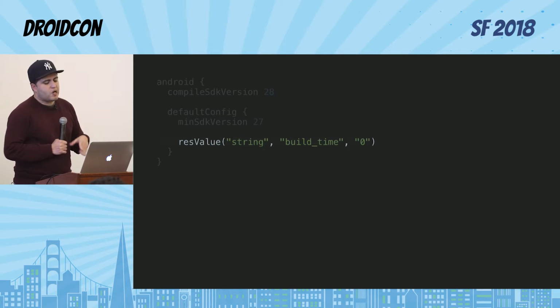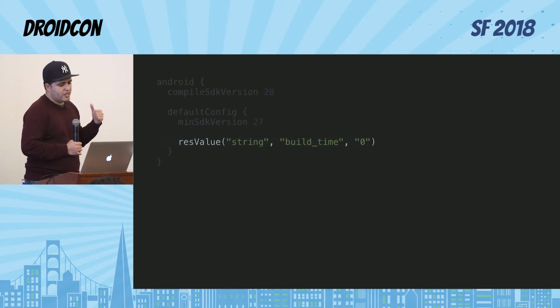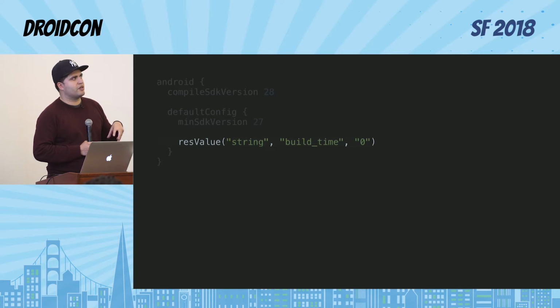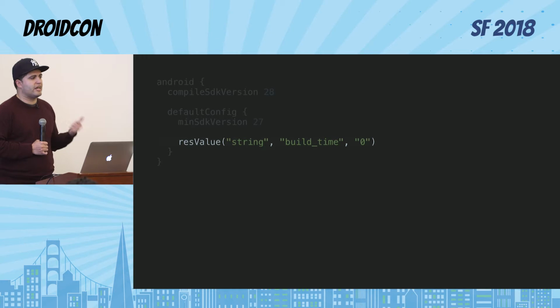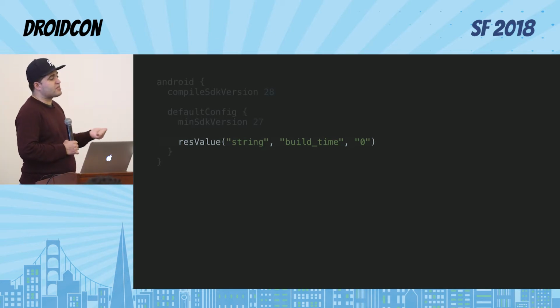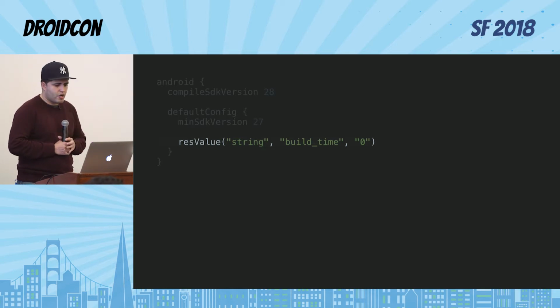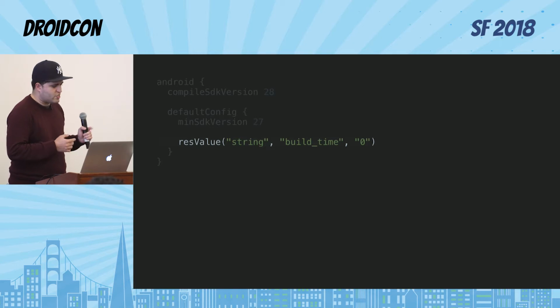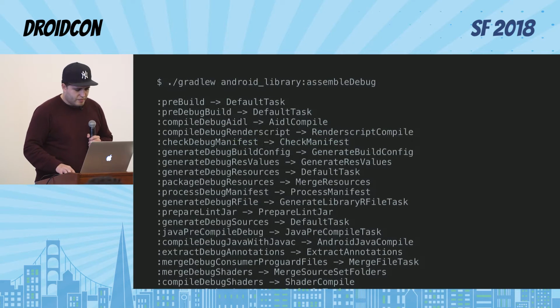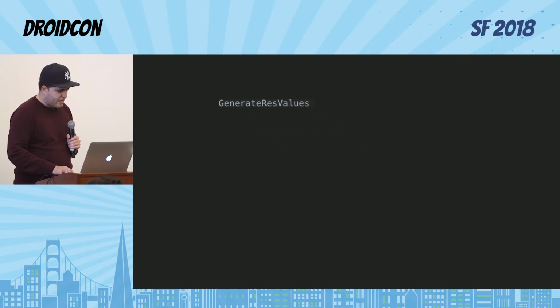Note you should exercise caution if you're going to use this in prod builds, because if you don't use static values, this could prevent Gradle from being able to determine that something's up to date, and so you're going to force a clean build when you shouldn't need to. Like, for example, if you're doing timestamp checks or git SHA checks here so that you can show something in a debug drawer. So there are workarounds for that, but it's useful for other things. So if you include that, there's a task for this. It's called generate res values.